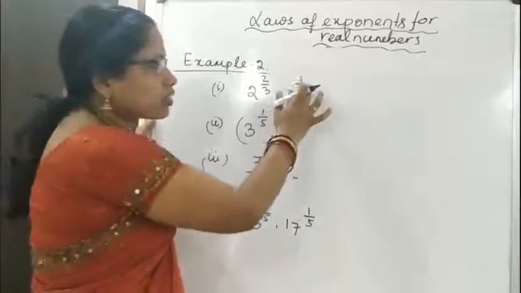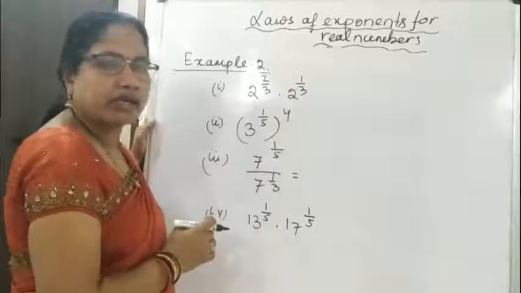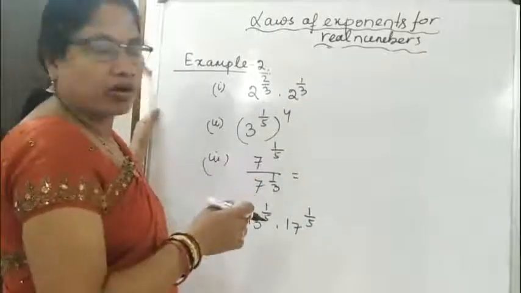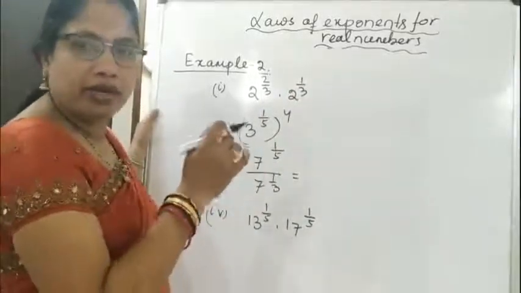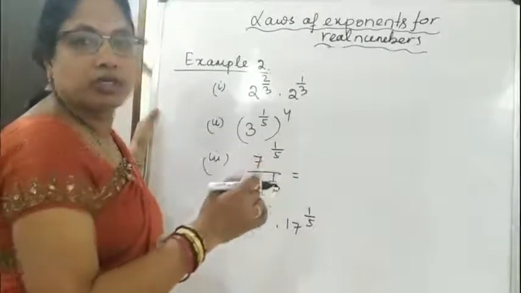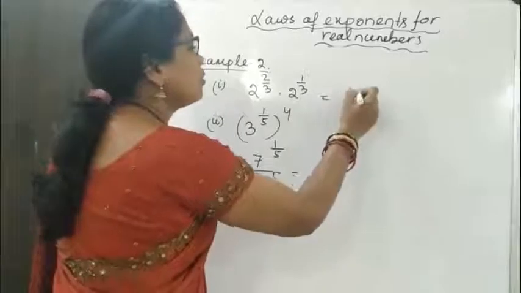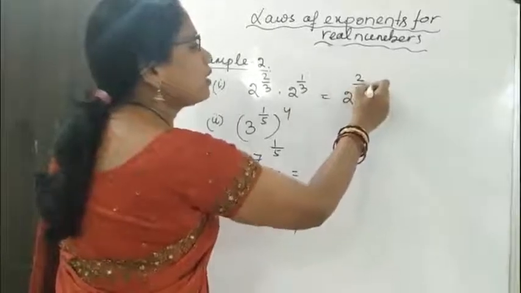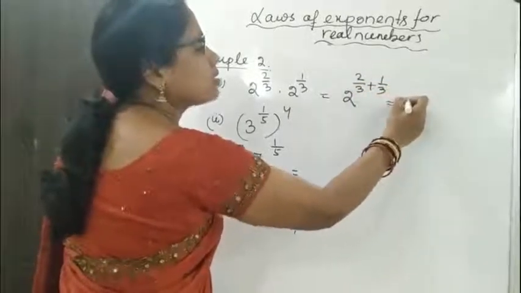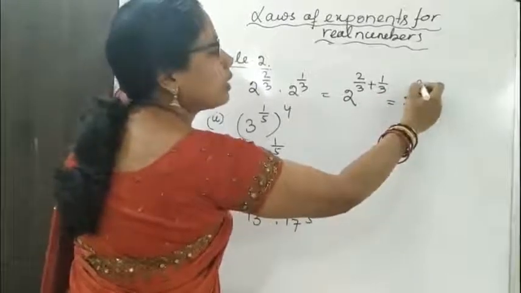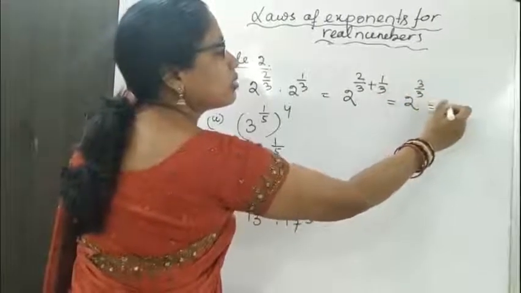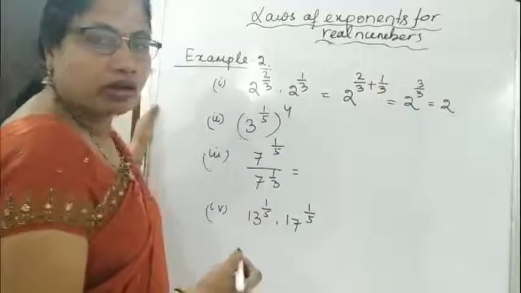Here also the exponent 1 by 3 is a rational number. The same law applies: a to the power p multiplied with a to the power q is equal to a to the power p plus q. So this is equal to 2 to the power 2 by 3 plus 1 by 3, which is 2 to the power 3 by 3, that is 2 to the power 1, or 2.